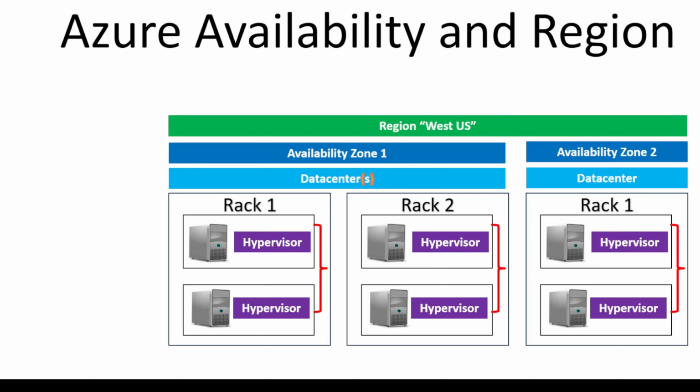Then why do we need a region? Region is nothing but where all your zones are connected to a single region. So here the region is West US. You can also have your application hosted in a different region called East US within the United States. Why do we need your application to be hosted in multiple regions?